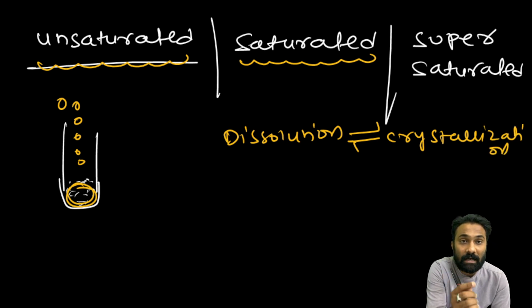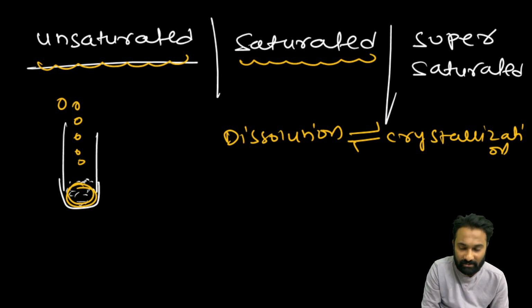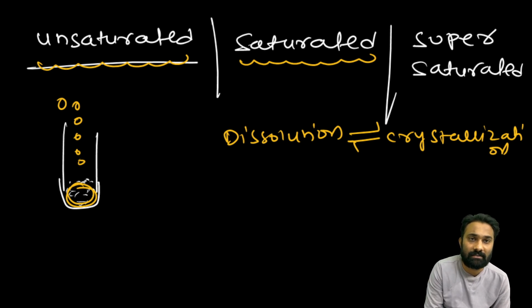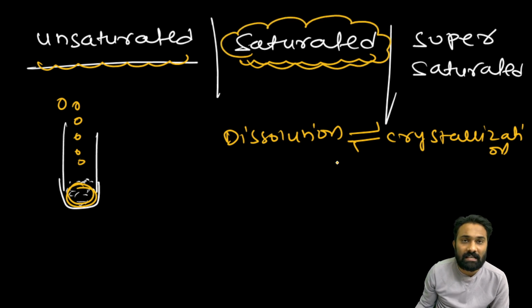Whatever solute particles have dissolved in the water, again converting back into solute particles is known as crystallization. Clear? Salt is converting into the solution, and that dissolved solute is again converting into solute particles. Clear? When these two are happening, that type of solution we call a saturated solution.